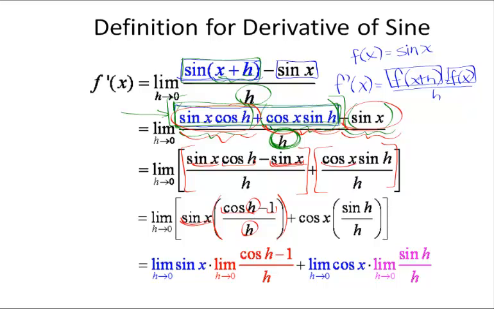I've also, since this doesn't have an h in it, because h is what's in charge of what's happening here, x is not, factored cosine of x out of this term, which just leaves a sine of h, and I have grouped everything that has an h in it together. That's just algebra. That's just me manipulating what's going on inside that limit, trying to get it to a point where I can evaluate it.